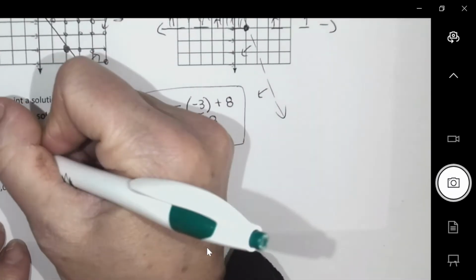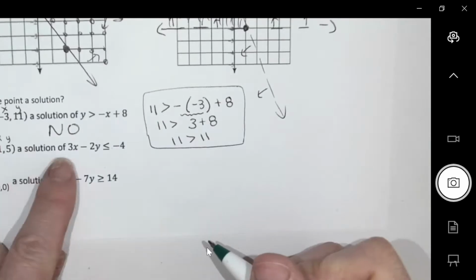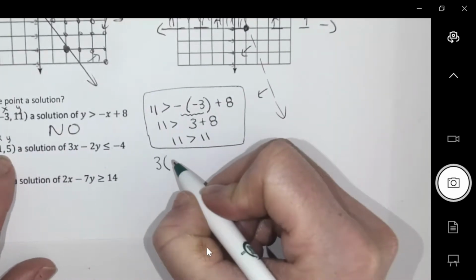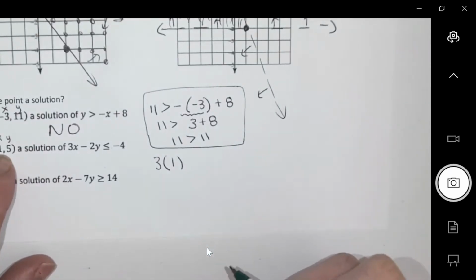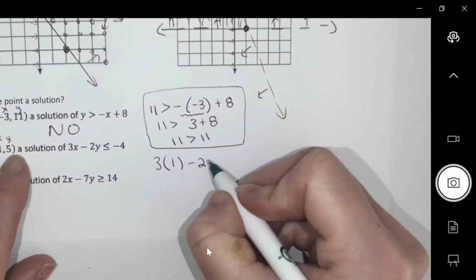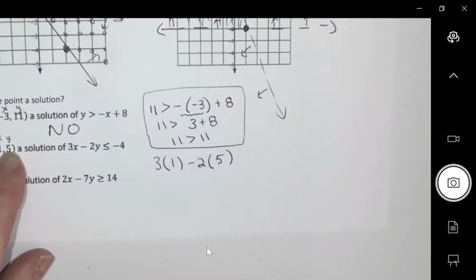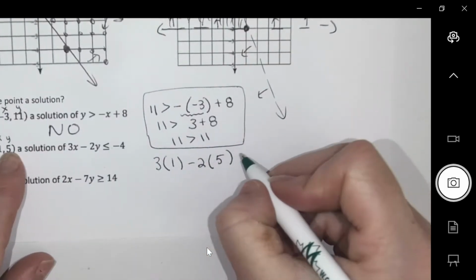Okay, next. Okay, so 3x is going to be a 1 minus 2y gets replaced with a 5.